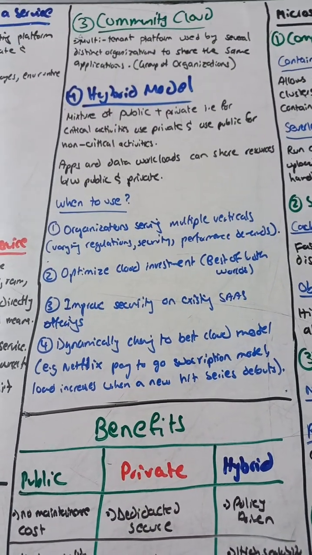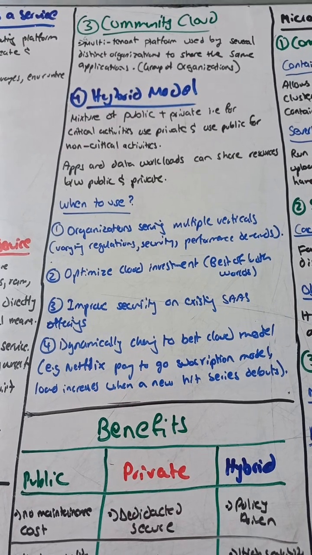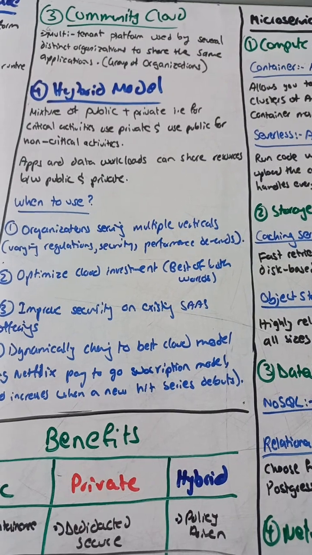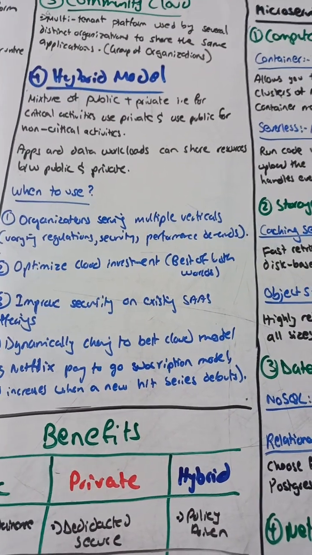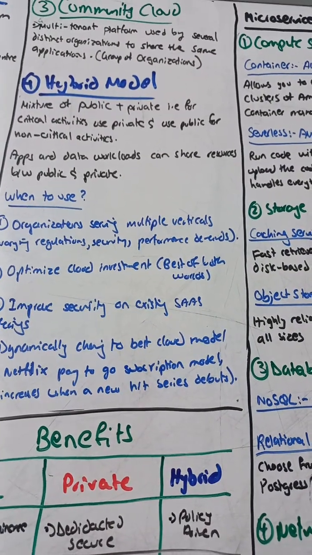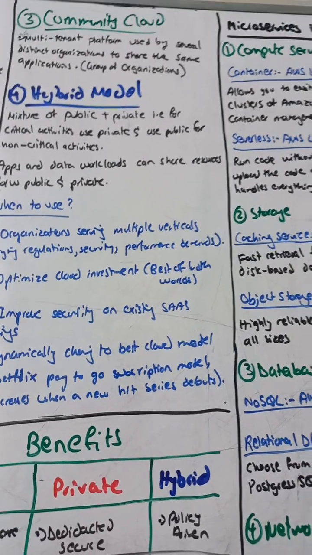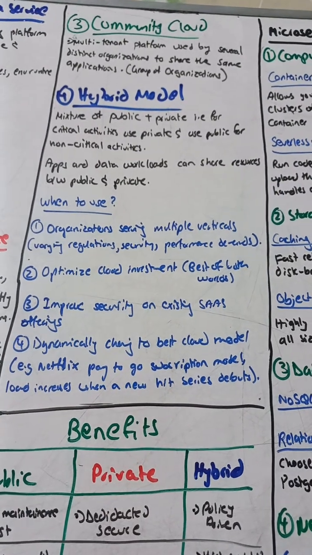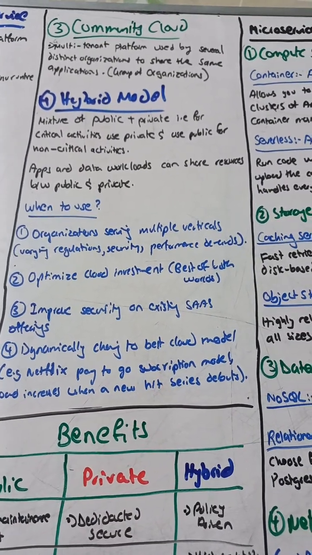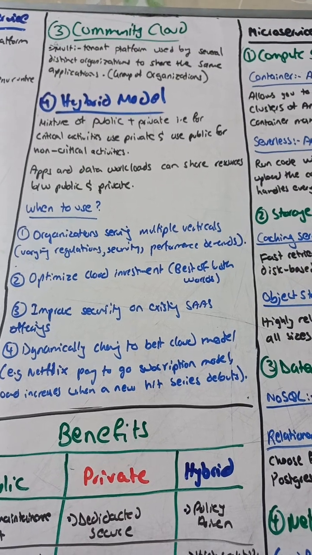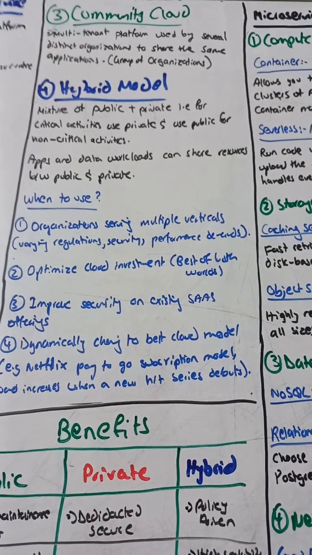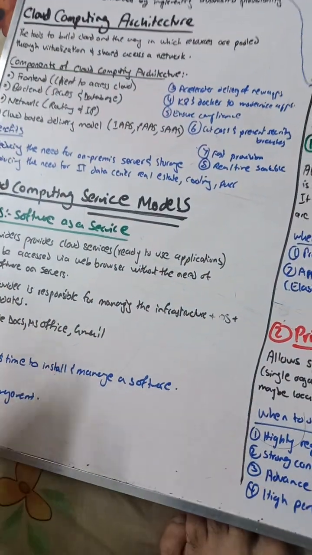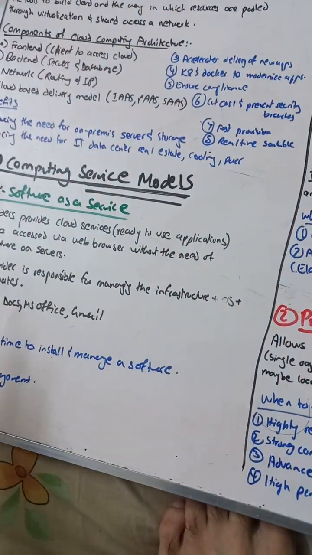You would use it when your organization is serving multiple verticals, which means varying regulations, different security rules, or different performance demands. You would also use it if you want to optimize your cloud. When we were talking about SaaS, we were talking about ready-to-use applications, which are mostly public.